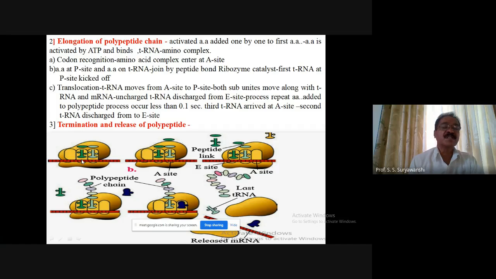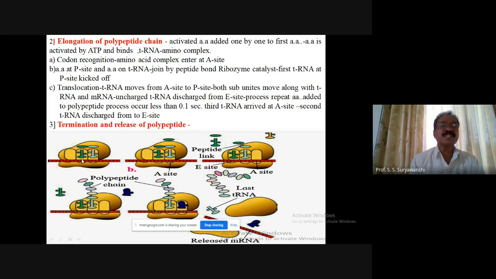The same thing happens and repeats with the next tRNA complex. It is recognized by this anticodon and joins with this codon written on the messenger RNA. So this joining takes place, and then what happens next?